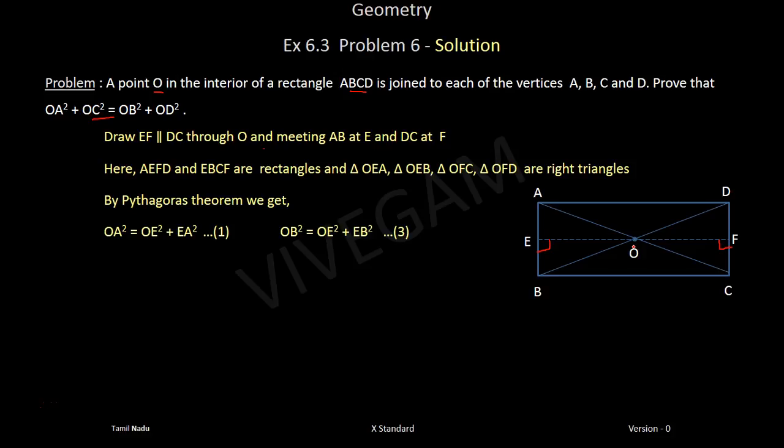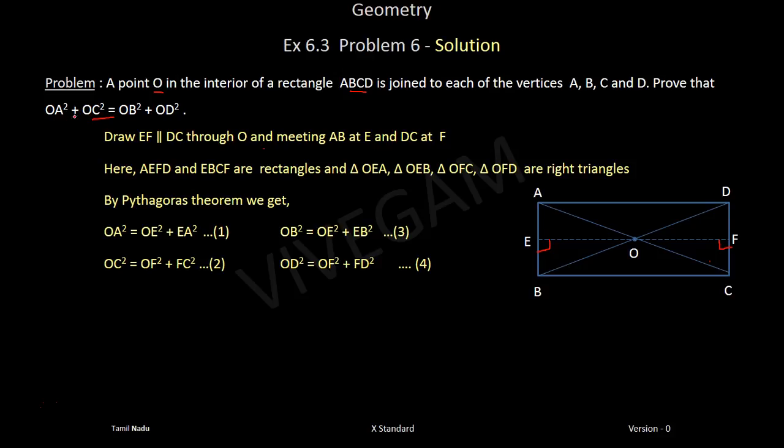Now by Pythagoras theorem we get OA square will be OE square plus EA square, equation 1. Then OC square will be equal to OF square plus FC square, equation 2. Next OB square will be equal to OE square plus EB square. Next OD square will be equal to OF square plus FD square.